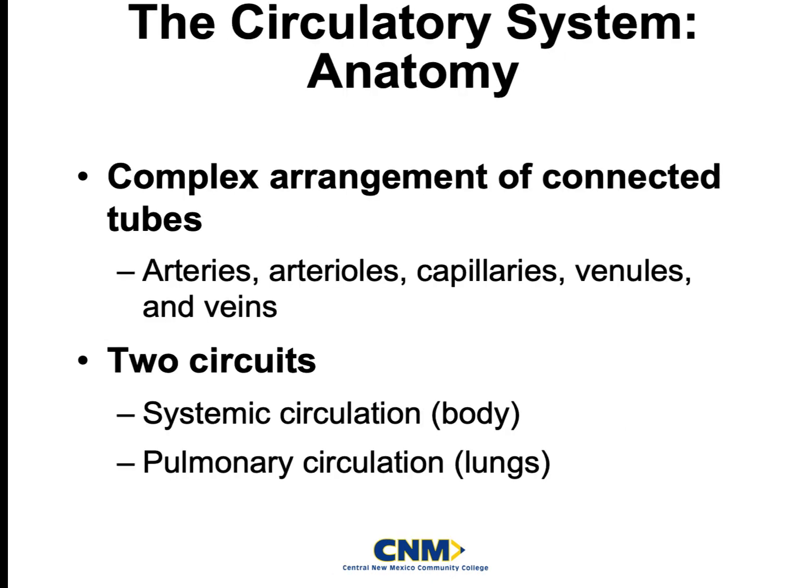Okay, guys, moving into our circulatory system. We have all kinds of tubes in our body, ranging all the way from big old plump juicy arteries down to extremely small microscopic capillaries.